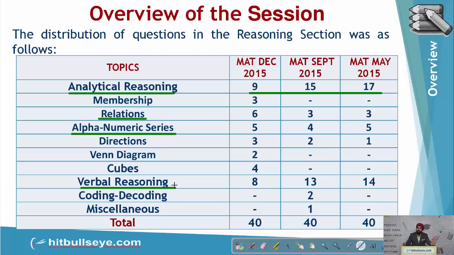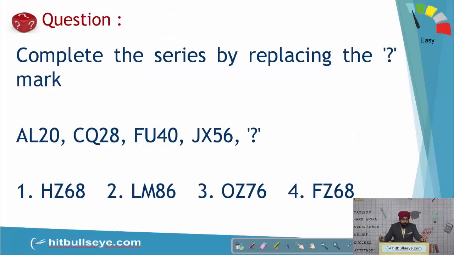I'll leave a few questions for your practice as well. So let's go to the first question, this one. Herein, we have to complete the series by replacing the question mark. If I focus only on the numerical values, from 20 to 28 it is plus 8. To 40 it is plus 12.